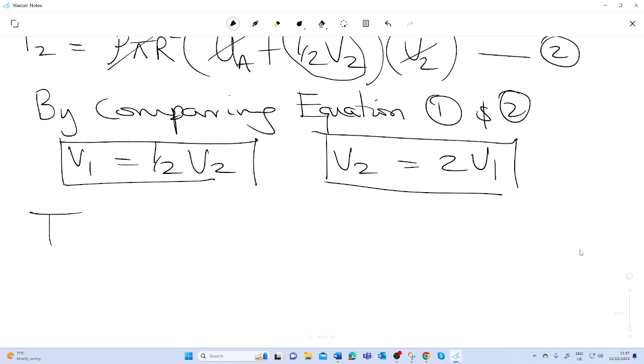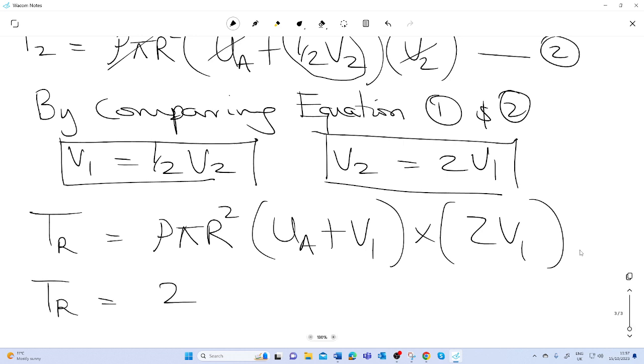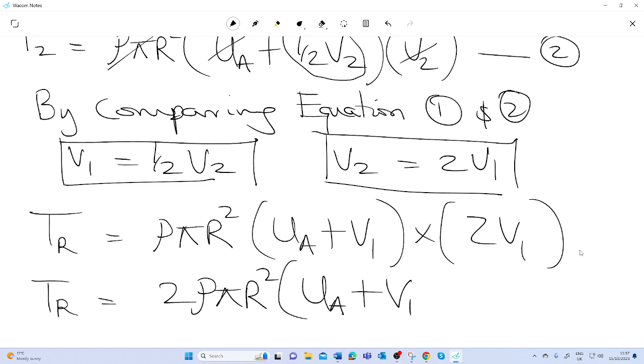Now the final thrust equation becomes rho pi r squared (UA plus V1) times 2V1, which eventually becomes 2 rho pi r squared (UA plus V1) V1.